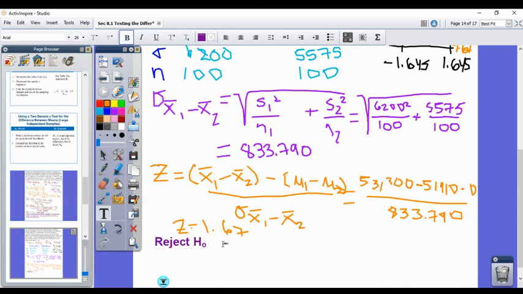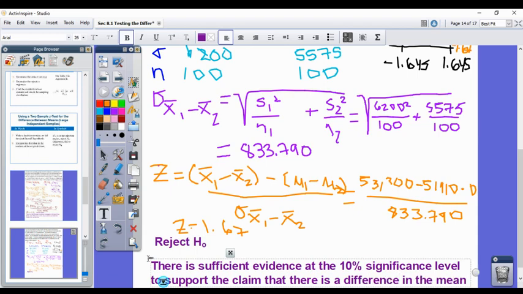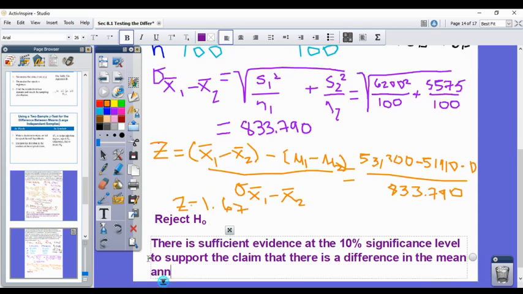So we're going to say there is sufficient evidence at the, what's our alpha level? 10% significance level to support the claim that there is a difference in the mean annual wages.